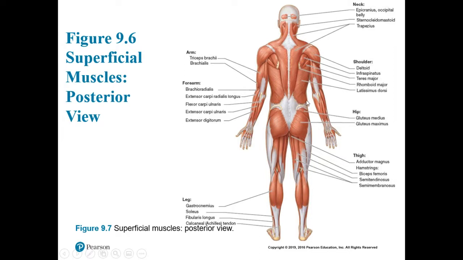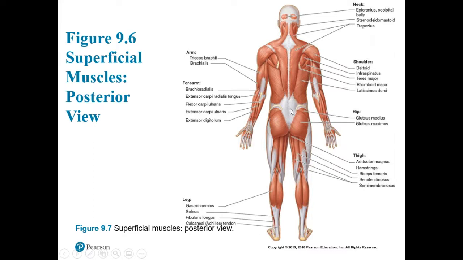The latissimus dorsi also originates on the iliac crest, but on its posterior aspect. Okay, so this would be the iliac crest right here. Here's the other iliac crest, and then look at all the connections, right? There's connections from this muscle all the way over to the lumbar vertebrae, and also down to the sacral vertebrae.